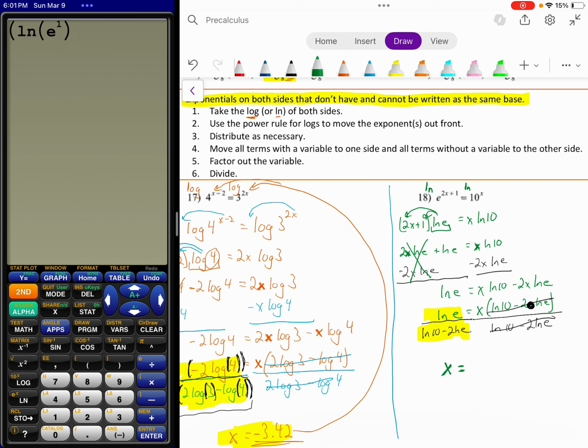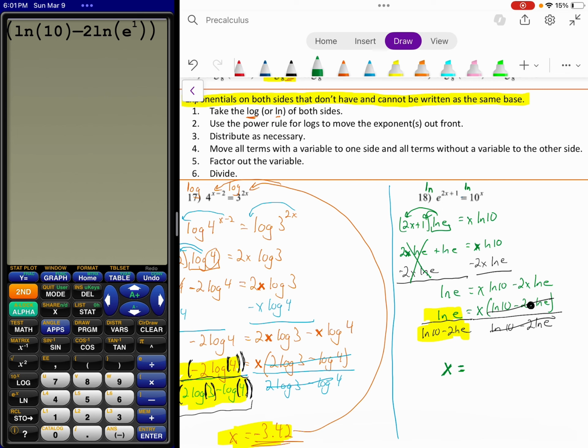So natural log of e, that's my numerator, divided by parentheses, natural log of 10. I have to close the parentheses on the 10, minus 2 times the natural log of e. I have to put a 1 in the exponent, put a parenthesis to end the e, and a parenthesis to end the denominator.